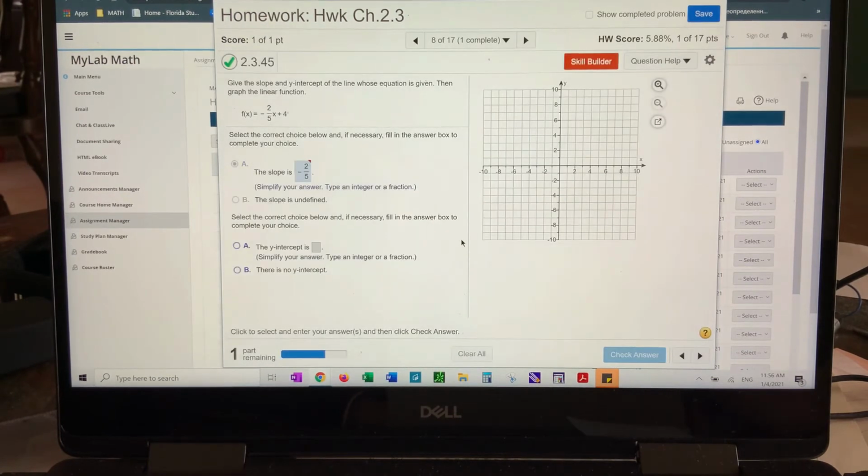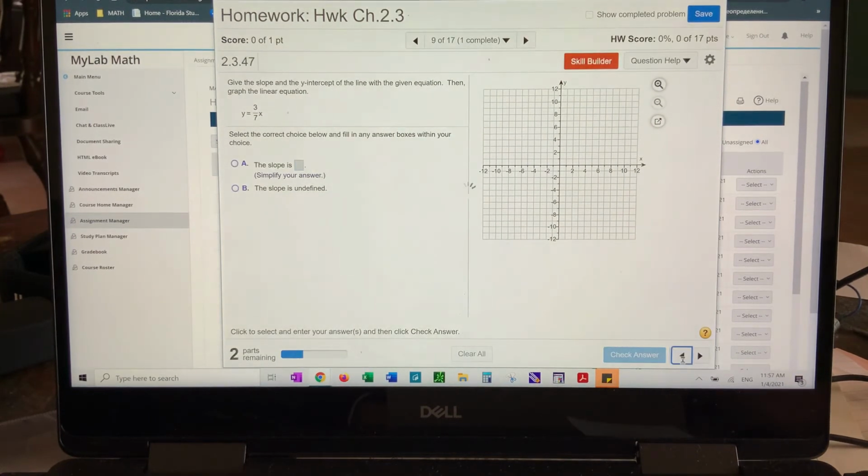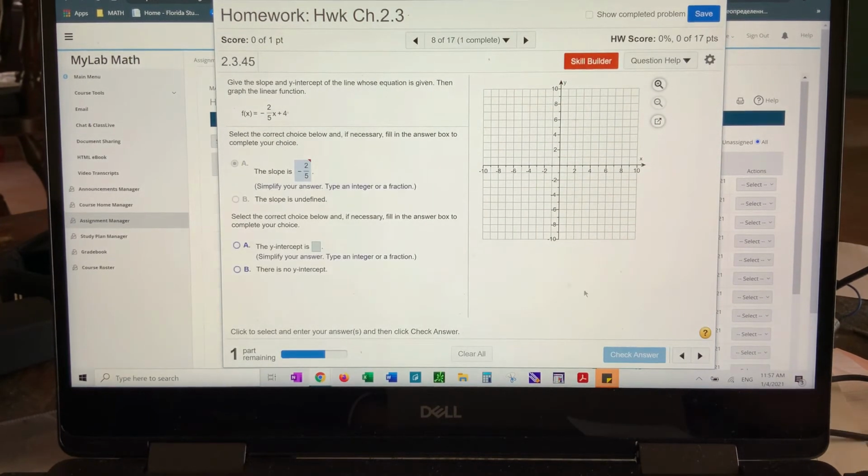So at this point, once you do it wrong, you can continue finishing, and then after you are done, you can click here similar. It will pop up the button similar. Or if you want, you can go further and then come back and take it over.